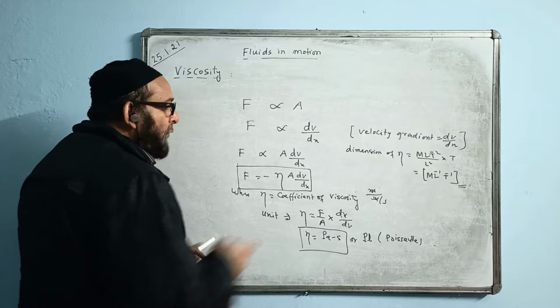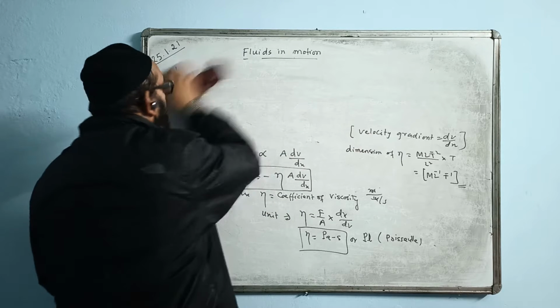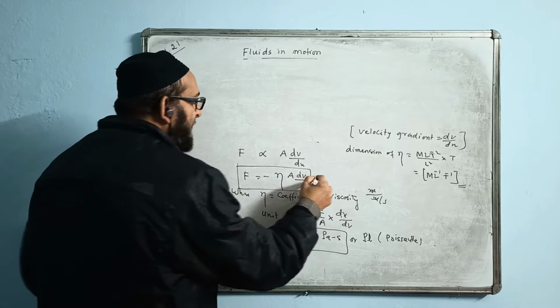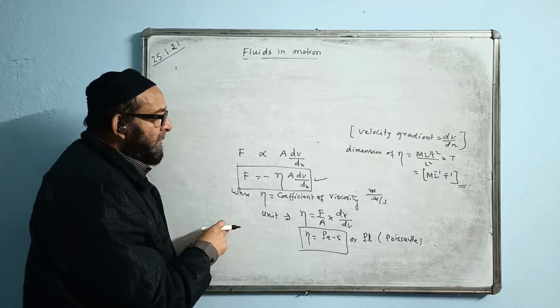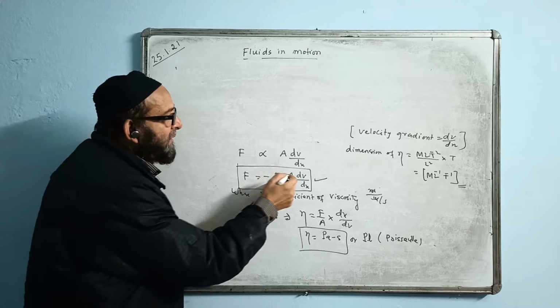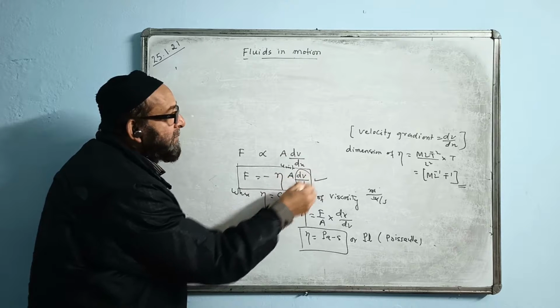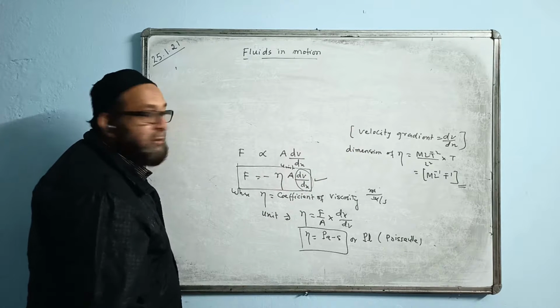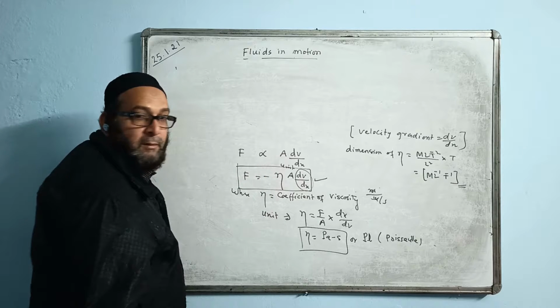Now, how to define the coefficient of viscosity? This is the constant, and the definition comes from this equation. If I take the area as unit area, and dV by dx, the velocity gradient, also as 1 unit, then F will be equal to eta.